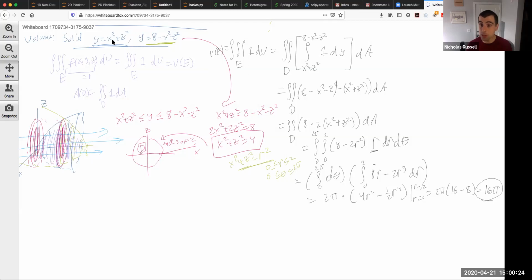I set the intersection, because the biggest object is the intersection, and I get x squared plus z squared equals 4. I now know that's a circle of radius 2. After I've integrated out y, I can solve this with respect to my polar coordinate system. That's at least the way you can do it.